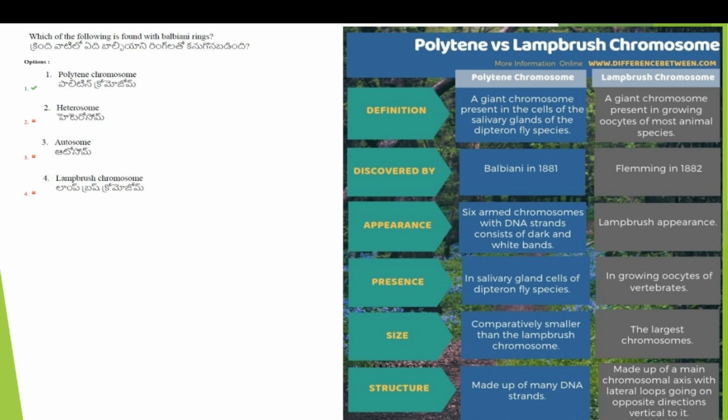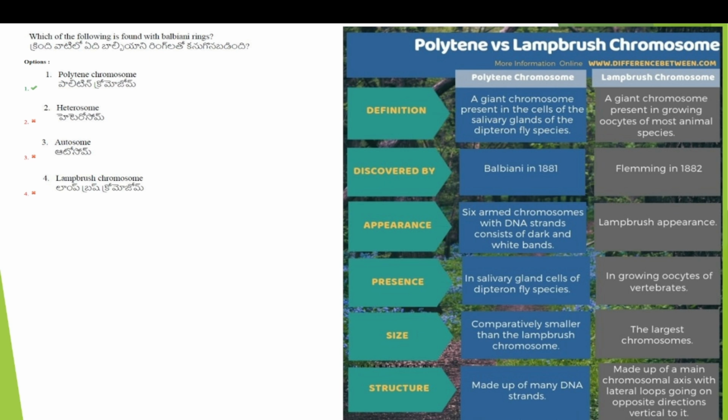These polytene chromosomes are generally found in salivary glands of insects. Why are these chromosomes abnormal? In these salivary glands of insects, repeated replications take place, but chromosome separation does not take place.